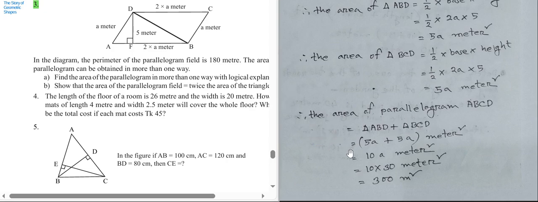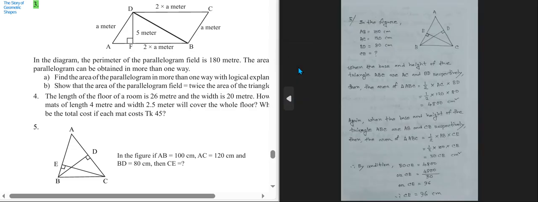So 5a plus 5a equals 10a square meter, and after inputting the value of a as 30, we find that the area of the parallelogram ABCD is 300 square meter. So we have explained two ways of finding the area of the parallelogram.